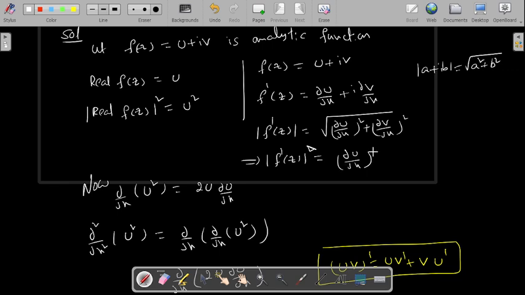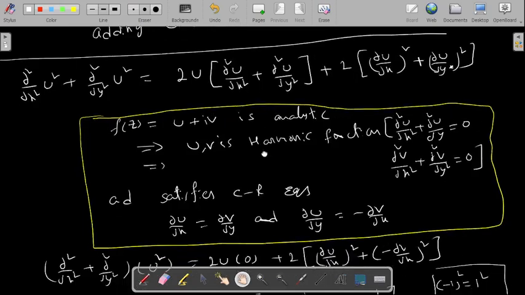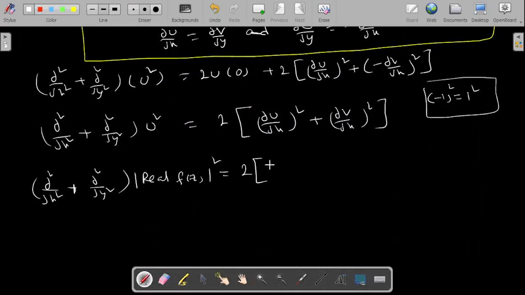What is that? (∂u/∂x)² + (∂v/∂x)², you can write as modulus of f'(z) squared. So this value will be modulus of f'(z) squared. So this is the required result.